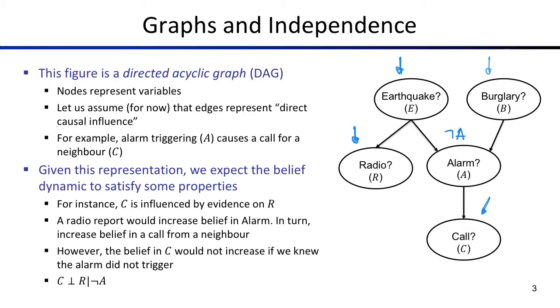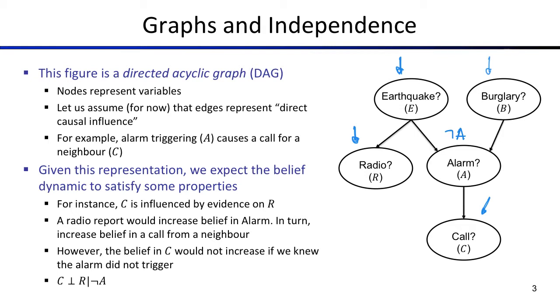That earthquake was not strong enough to trigger the alarm. It doesn't matter if we had a burglar or not. The burglar did not make the alarm trigger for some reason. So the chance of having a call from a neighbor will be the same, because the alarm was not triggered, and the neighbor is likely not to call us.